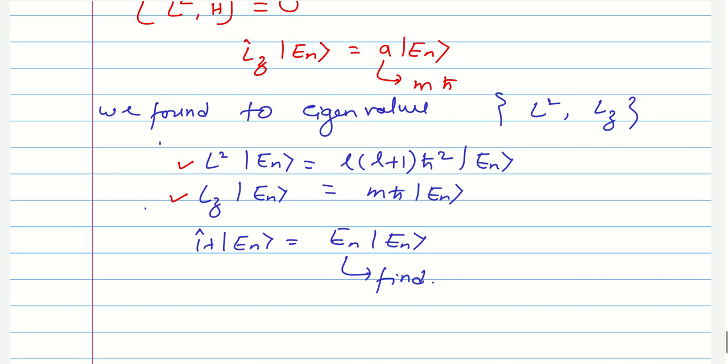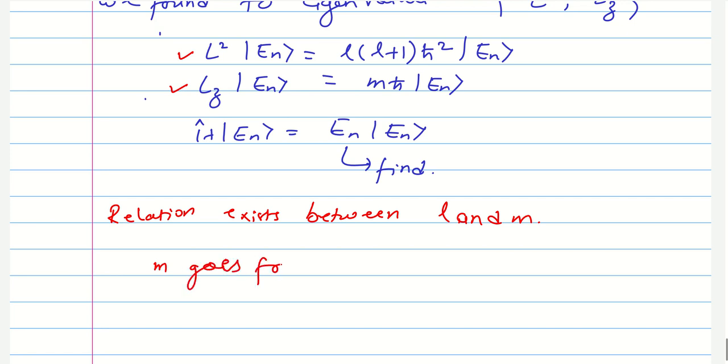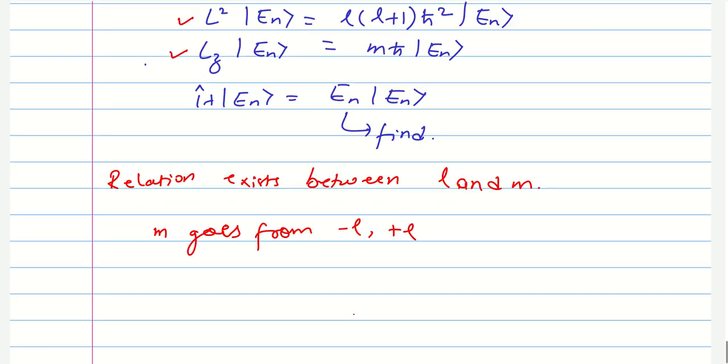And M is also an integer, but there is a relation that exists between L and M. So M goes from minus L to plus L. So if you take L equal to, let's say 2, so M has 5 possible values.